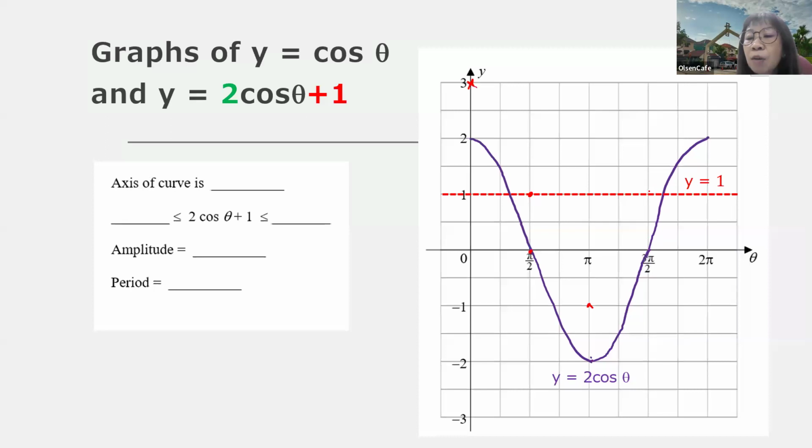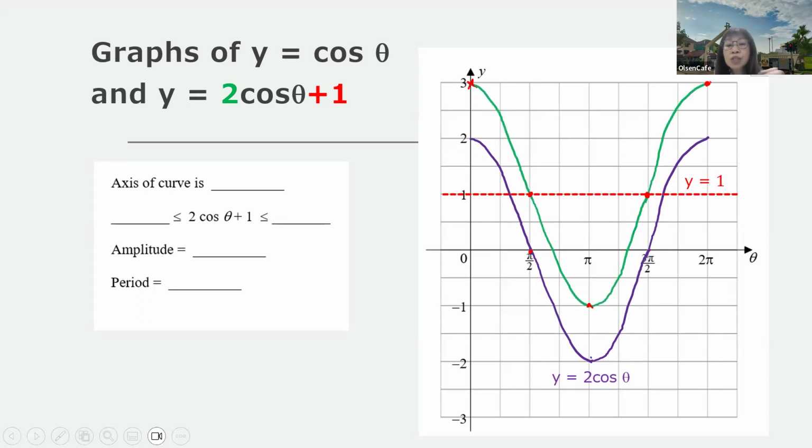Similarly, if I move every single point up by 1, this will give me this. And the last point here, when I add 1, it will give me this point here. So with this, I put them together. This is the shape of the final graph that I have for 2 cosine theta plus 1.